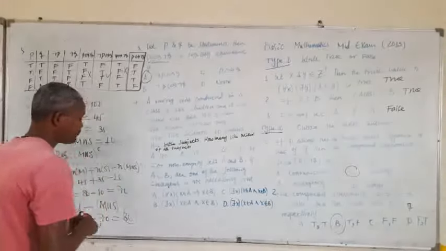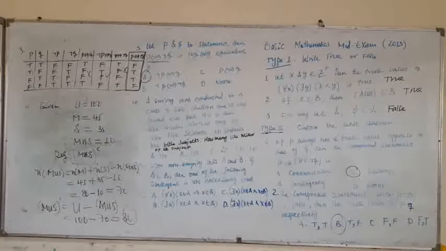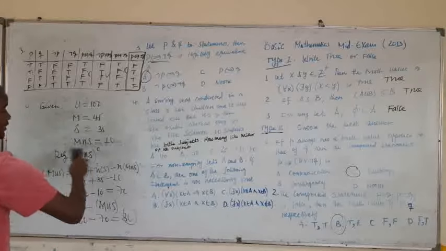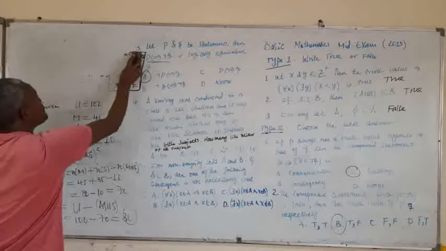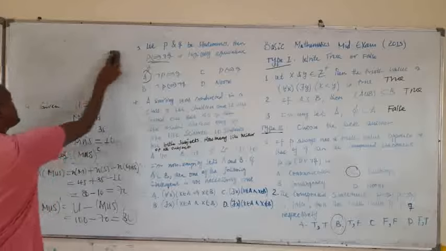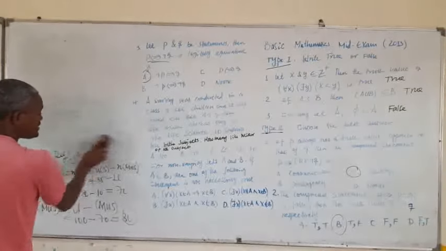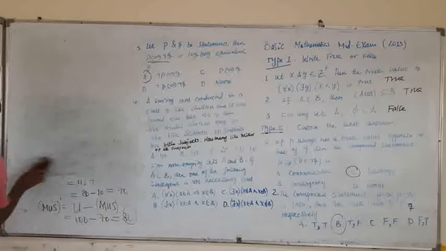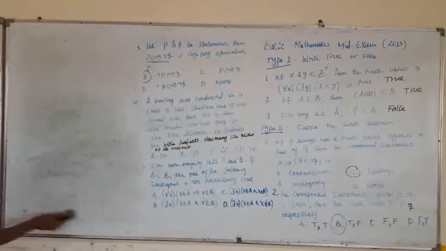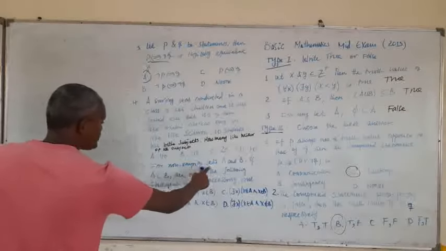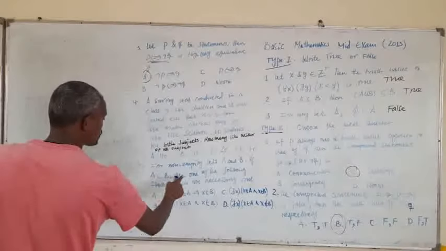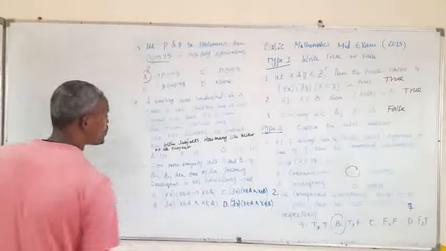For the next question: for non-empty sets A and B, if A is a proper subset of B, then which one is not necessarily true?